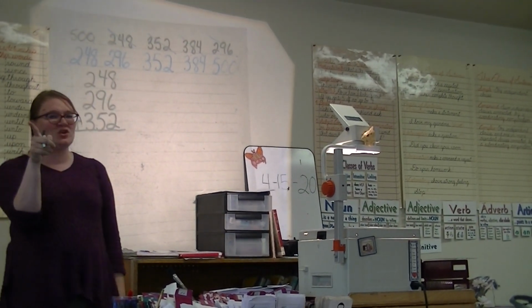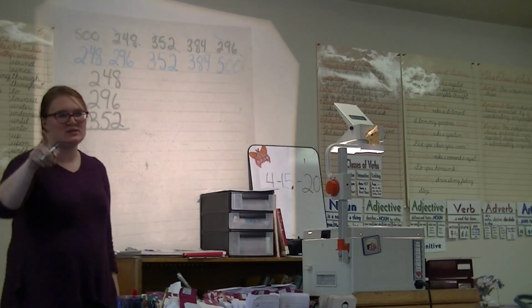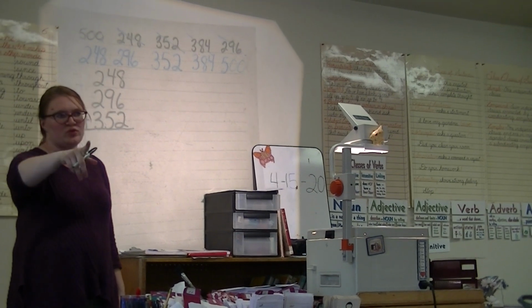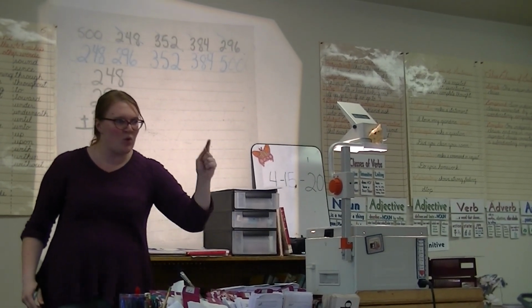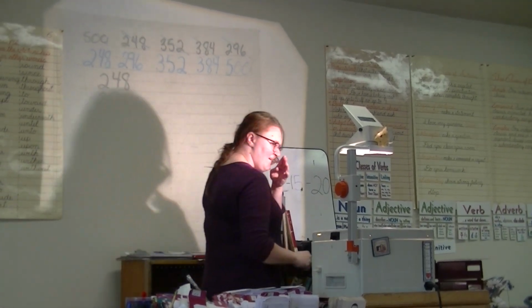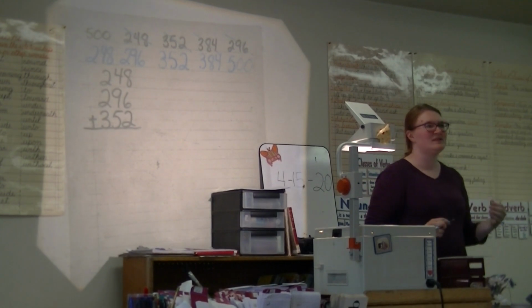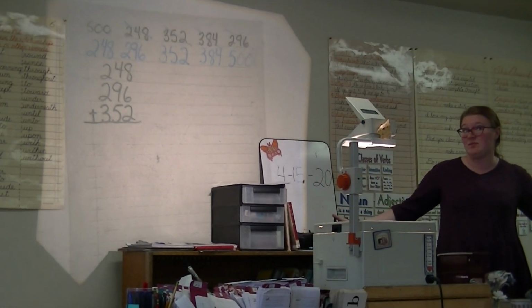What is our trick when we have more than one digit? When we have 2, 3, 5, 7, 12, a million digits, what is our trick? Remember it. Look for ways to make 10. Are there any ways to make 10?